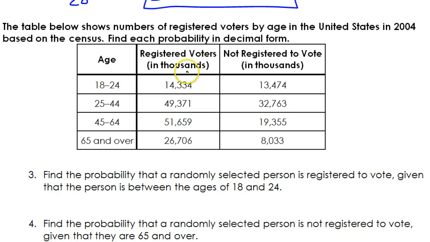Okay, in thousands, that means there were actually this many. But let's not worry about that right now. Basically, when they say in thousands, whatever answer you get, you could just put the word thousand on it.